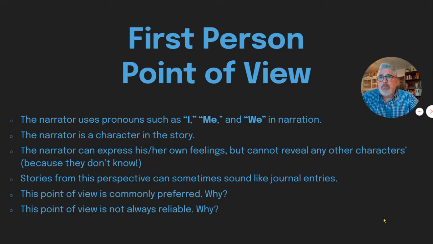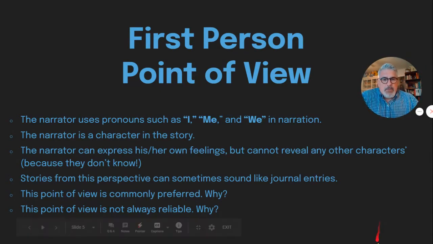When we talk to our friends, telling them how we went with our parents to the movies or how it was at the park yesterday, you're going to tell that story from a first person point of view. This point of view is not always reliable. Yes. And why?